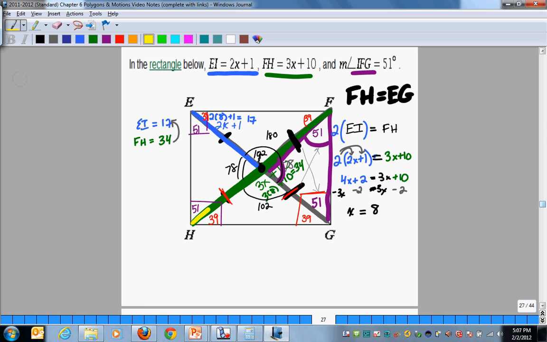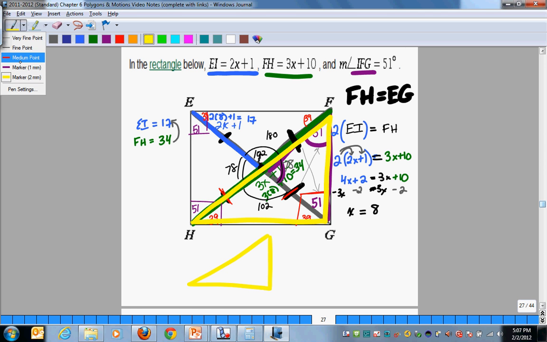We have right here a right triangle. Let me pull it out. And we found already that this is 34. We have a right angle. We have 39 degrees there. We can actually solve for the side lengths as well.